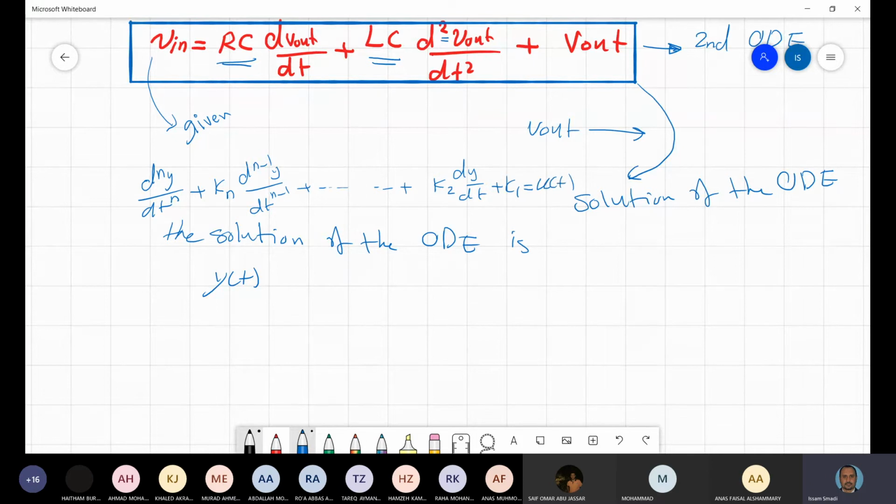This solution y of t here has y steady state plus y transient.